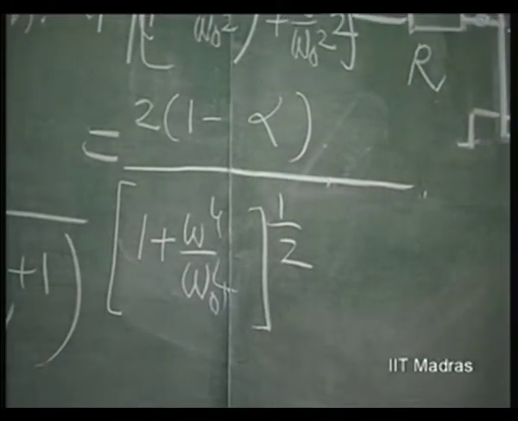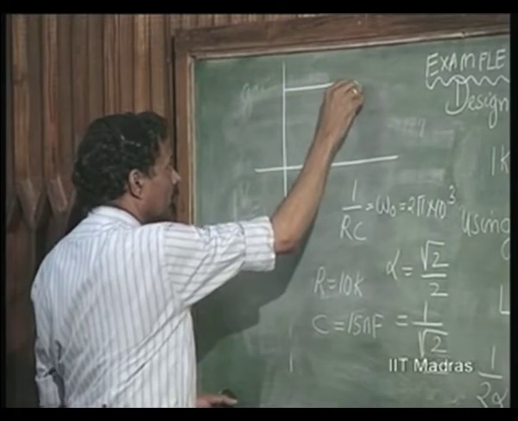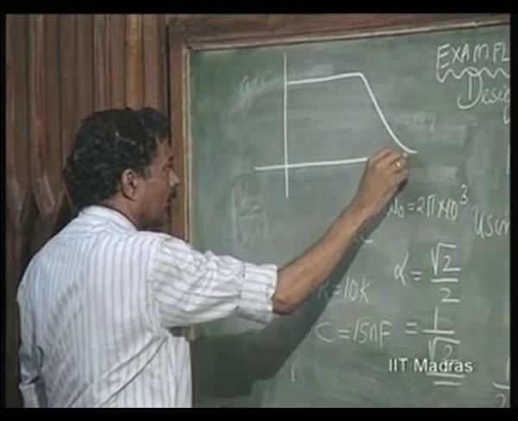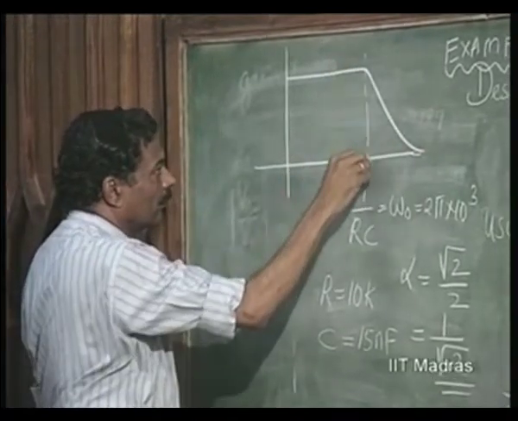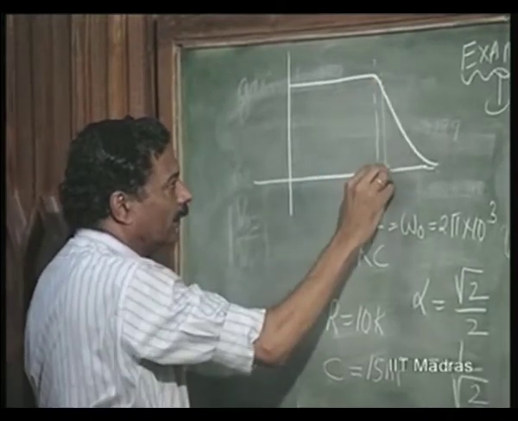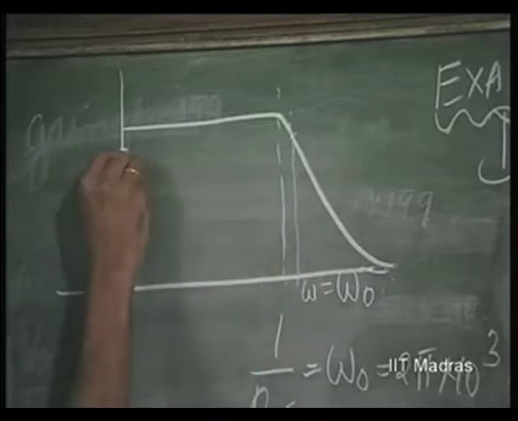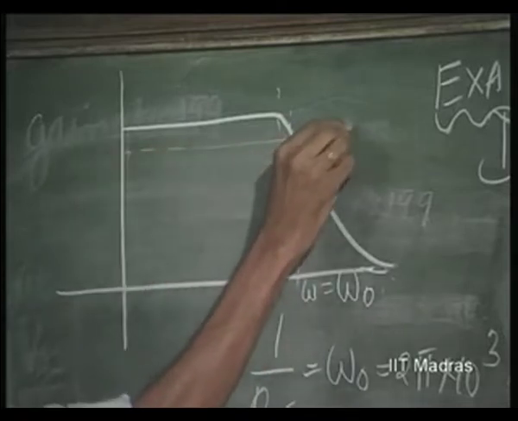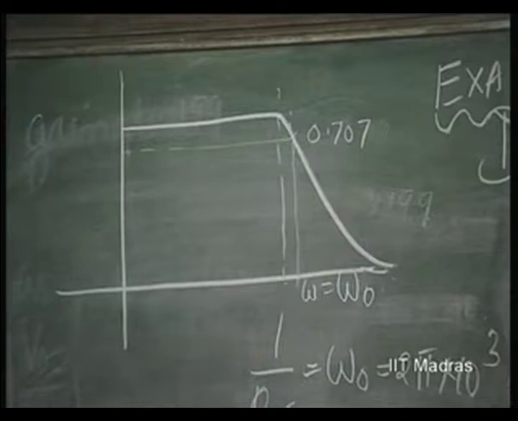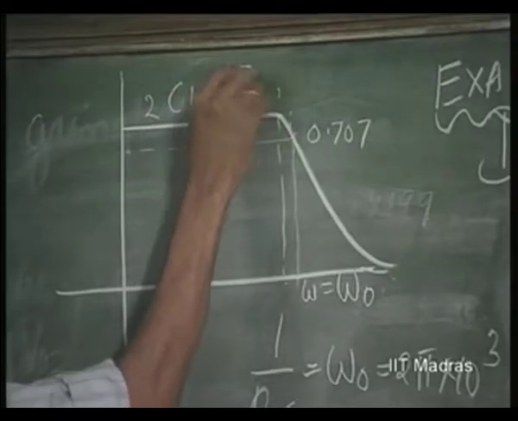This is going to be maximally flat, at this point omega equal to omega naught, where it is 1 over root 2, 0.707 times whatever it is, 2 into 1 minus alpha, which is what it is, 2 into 1 minus 1 by root 2, that is the k.